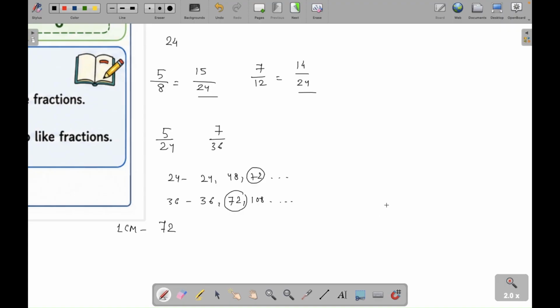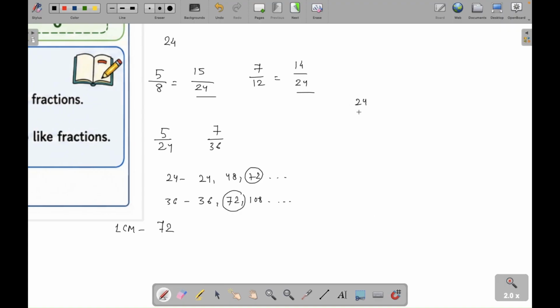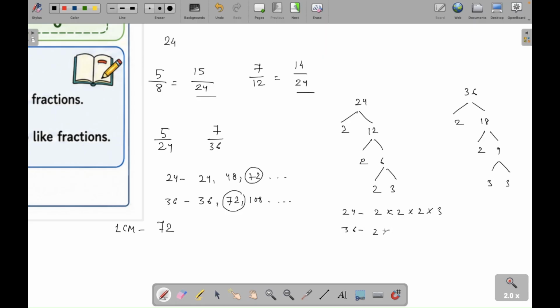If I want to use the factor tree, I can just build the factor tree for 24. So it is 2 times 12, then 2 times 6, and then 2 times 3. For 36, I'll write 2 times 18, 2 times 9, and 3 times 3. So 24 I can write as the product of primes as 2 times 2 times 2 times 3, and 36 as 2 times 2 times 3 times 3.